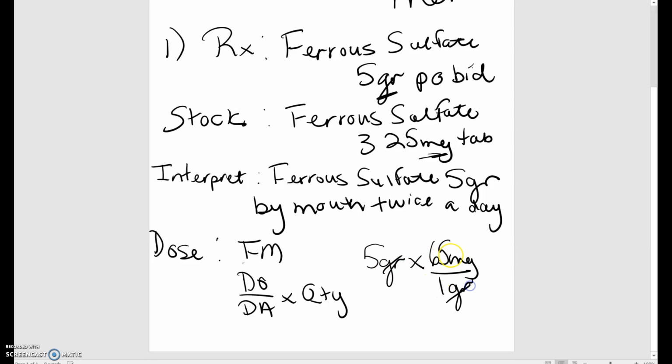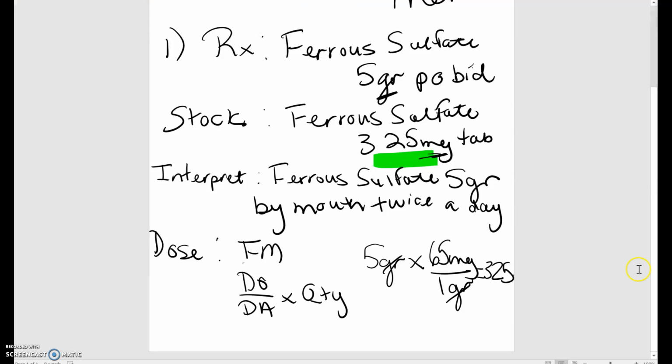Why is that? Because 5 times 65 is 325 milligrams, which is the same amount of milligrams that the stock medication comes in.